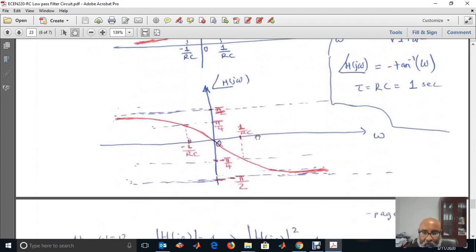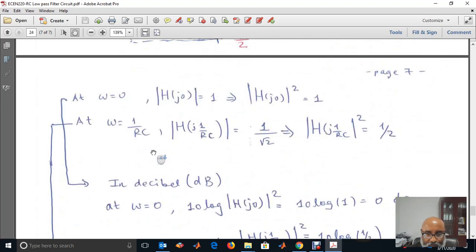And here is the phase as a function of omega. At omega 0 it is 0, at omega 1 over RC it is minus pi over 4, at omega negative 1 over RC it is pi over 4, at omega infinity it is minus pi over 2, and at omega minus infinity it is pi over 2.